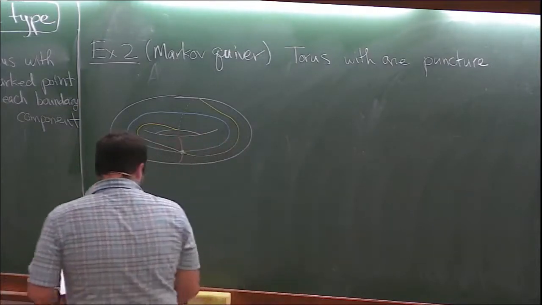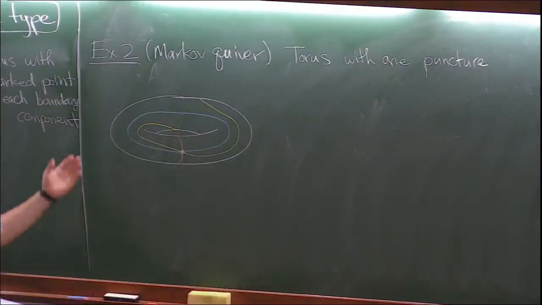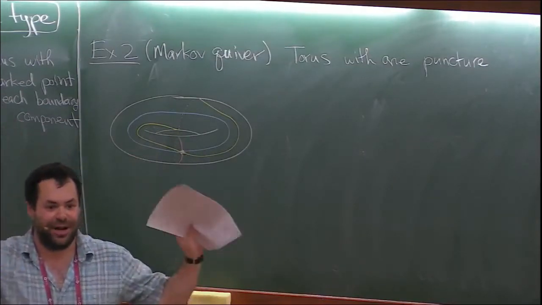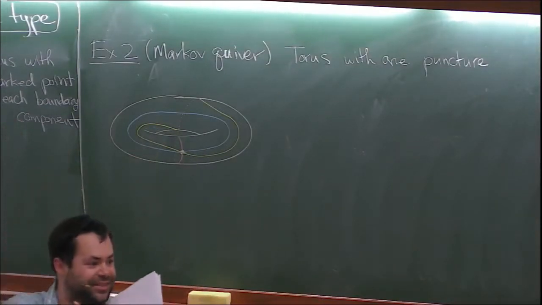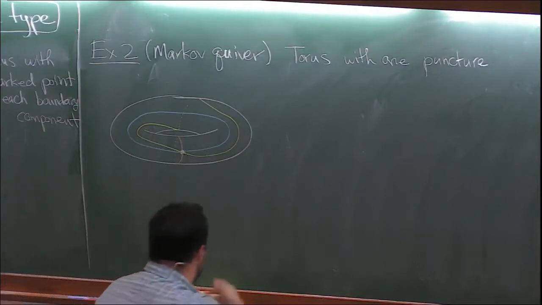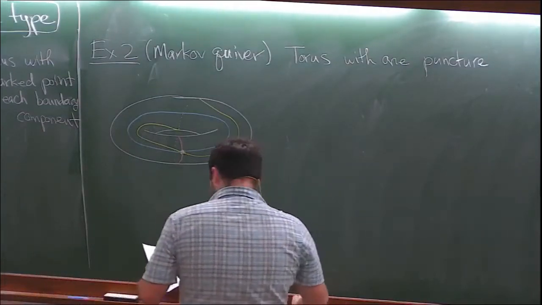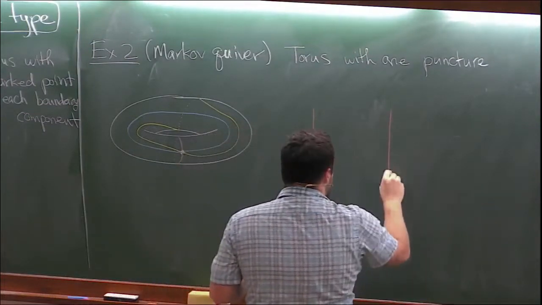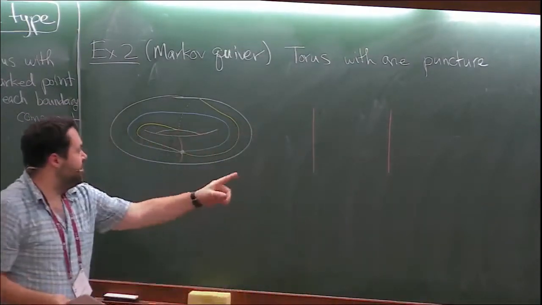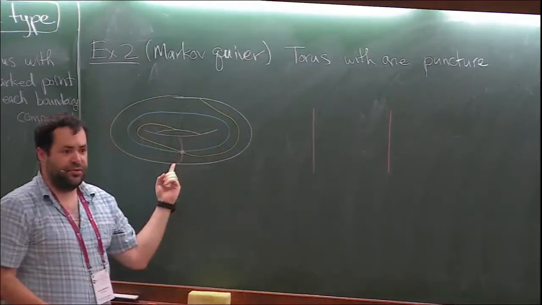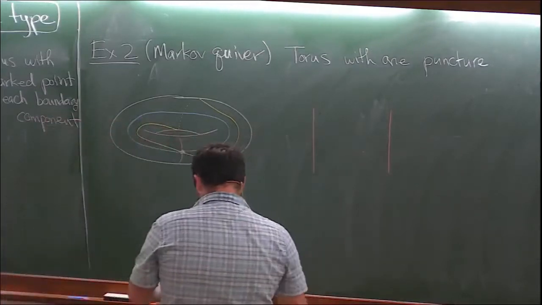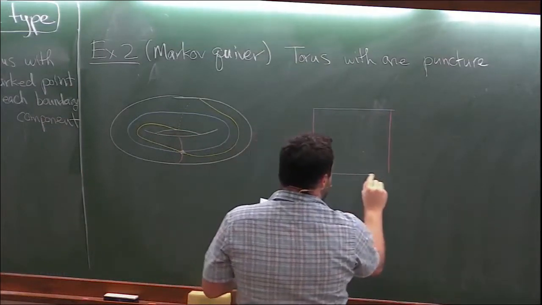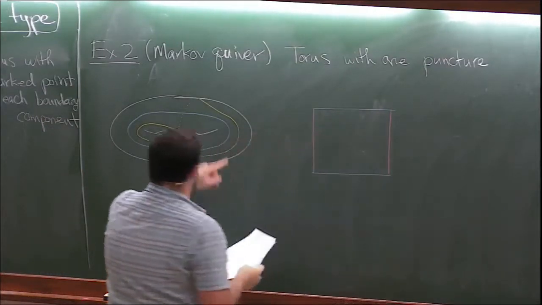And for those of you who have taken some topology course, you know that you can get the torus from a square by identifying opposite sides. So maybe I'll draw this picture. These two are identified to get this red circle, and these two opposite sides are identified to get this blue circle.